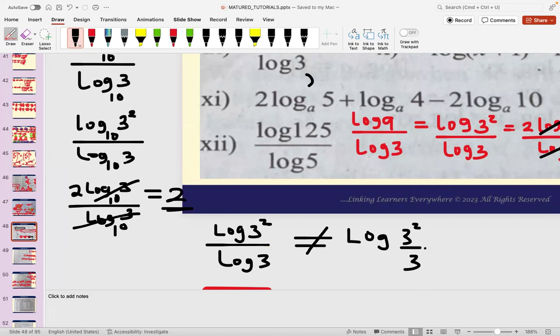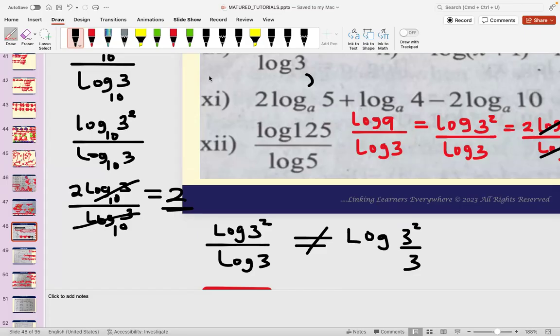If it's log 3 squared divided by 3, then I can cancel this and this. But once there's a log here, you cannot cancel this and this. It will not work. You have to rather move this one so this and this become the same before you can cancel. So that is the difference between the two.